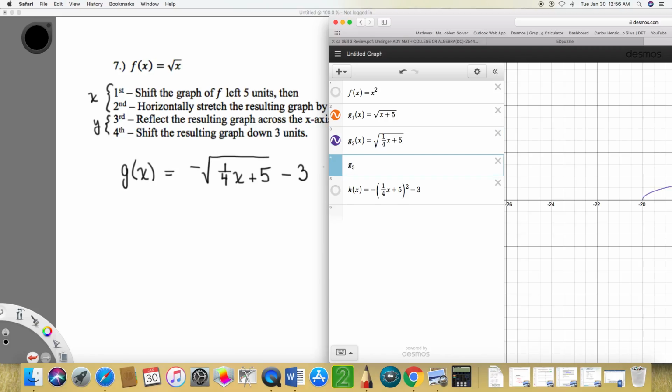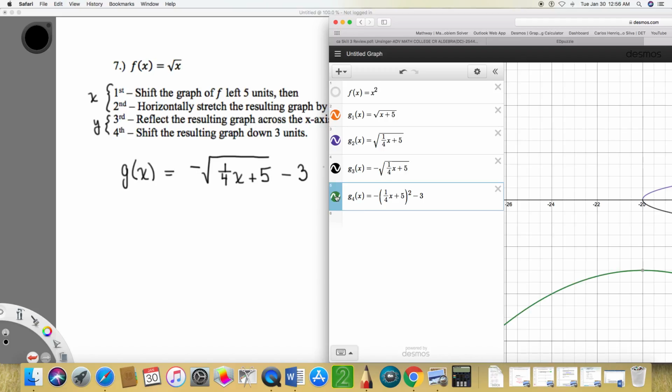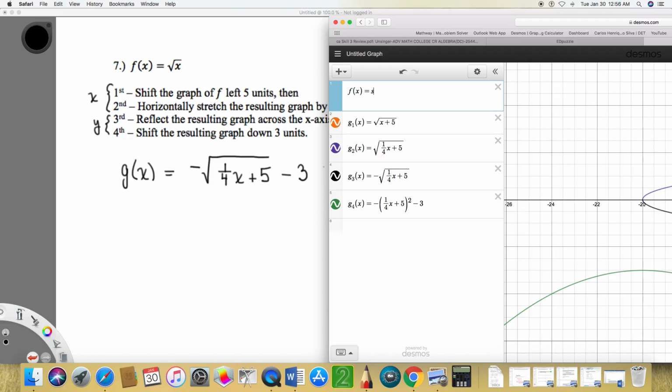And then the reflection of that across the x-axis. And then finally, to push it down. So you can see I wasn't building off the previous graph, other than to just, now this is all specific to the square root of x.